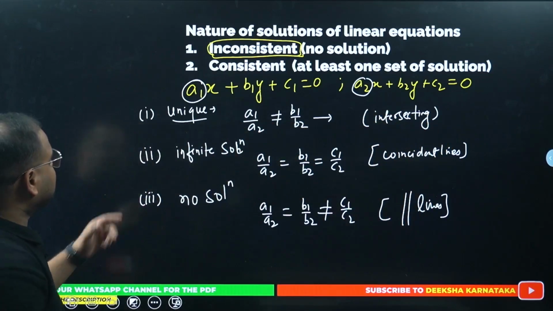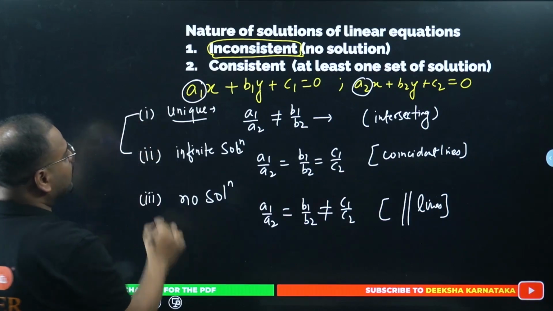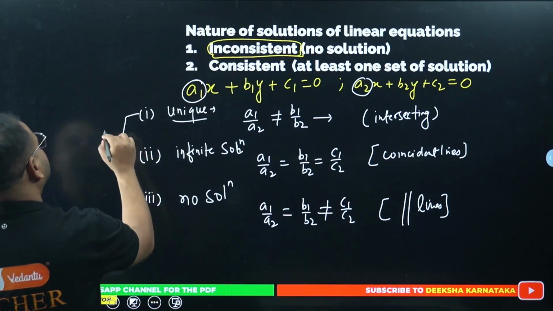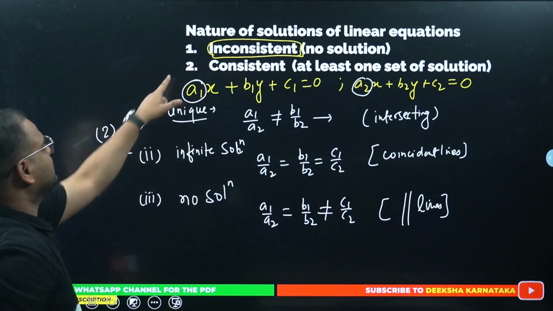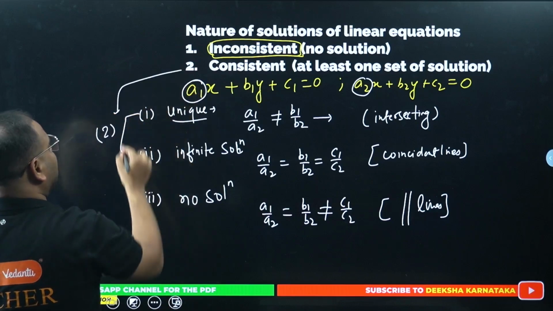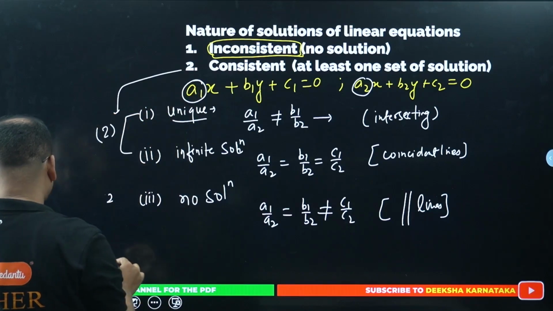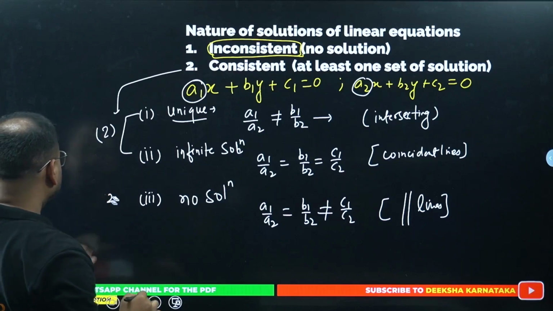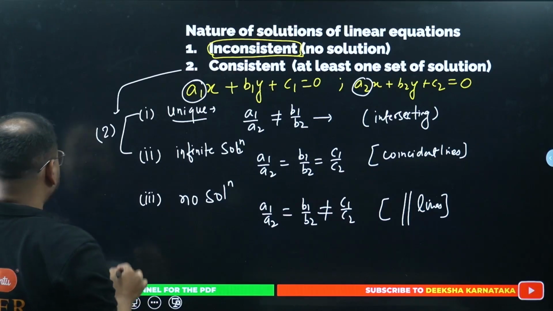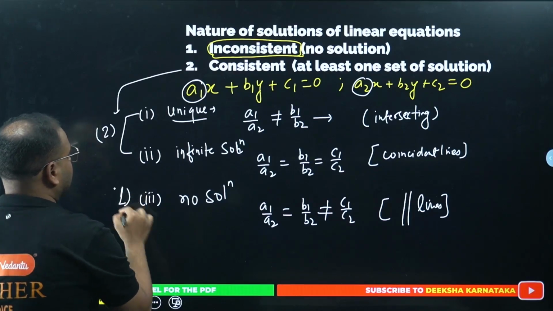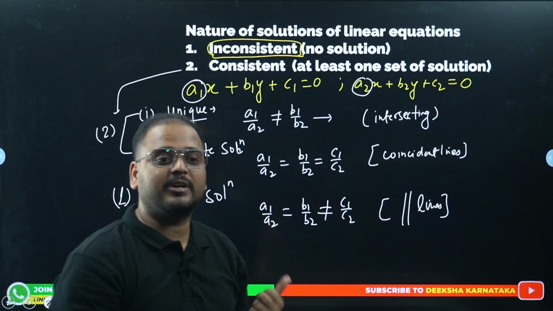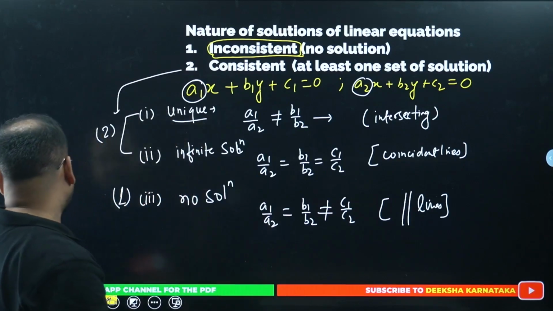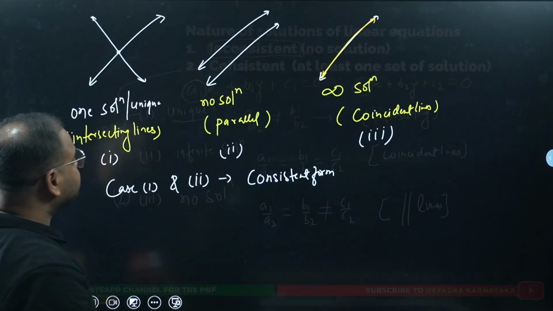Okay, as I said, these two are part of your consistent form. This is 2, this is 2, and this is your 1, which is inconsistent form. The last one is no solution, inconsistent form. Okay, I hope this is clear.